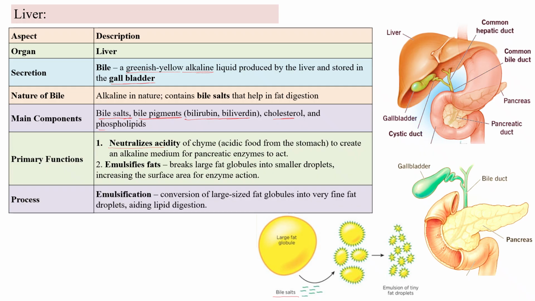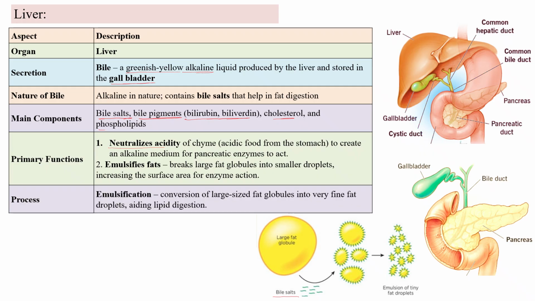So to neutralize the acidity, bile is released, which is alkaline, and thus it neutralizes the acid which came from the stomach. And this acid is to be neutralized because then only the pancreatic enzyme will act.